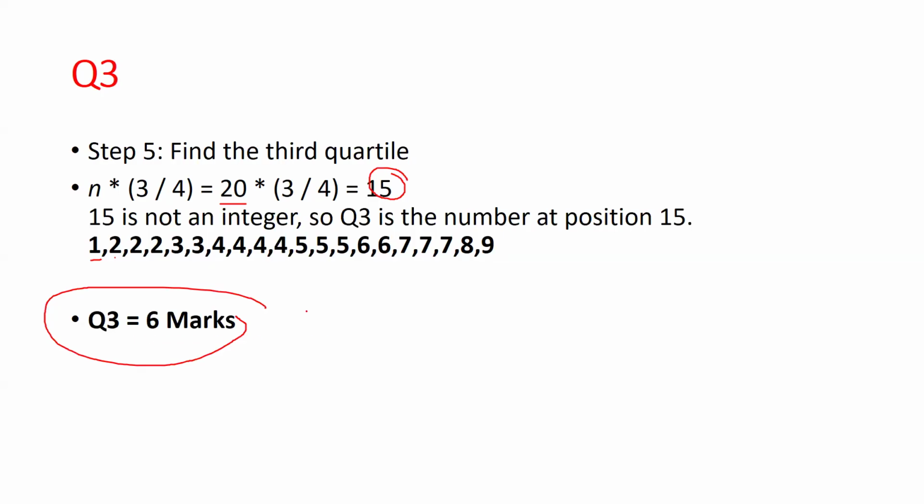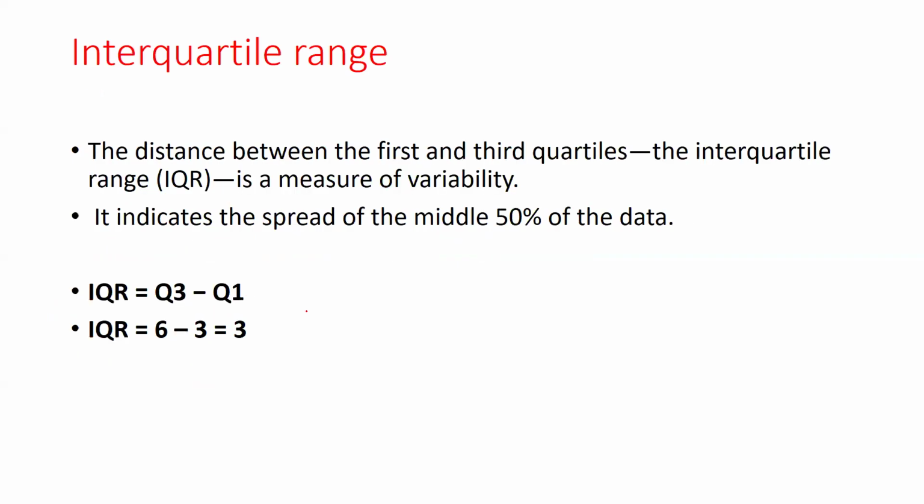Now, what is the difference between quintile or quartile? Are same thing, but before that, we would understand what is the interquartile range. So interquartile range is the distance between the first and third quartile. The interquartile range, IQR, is a measure of variability, meaning we are measuring the variation between the first and third quartile.